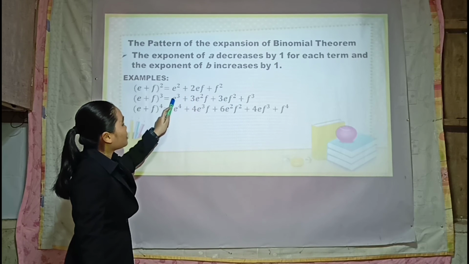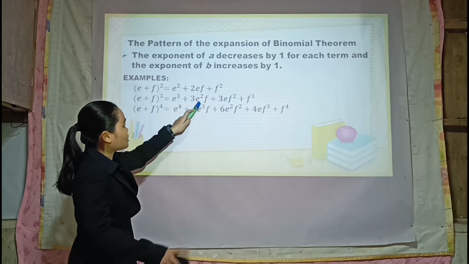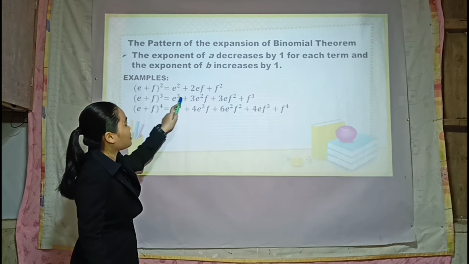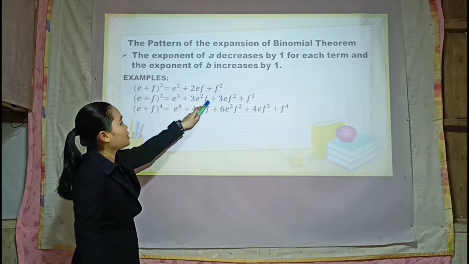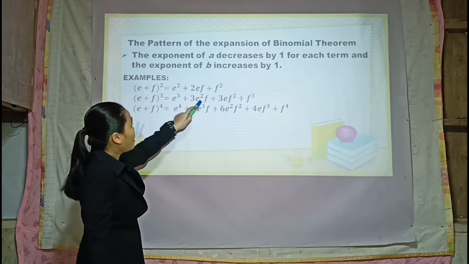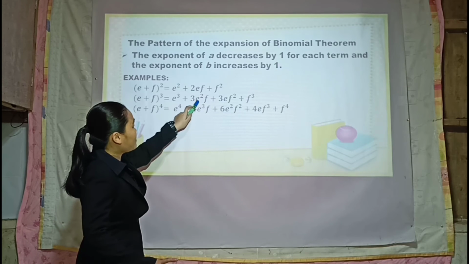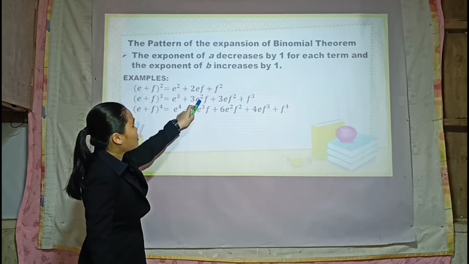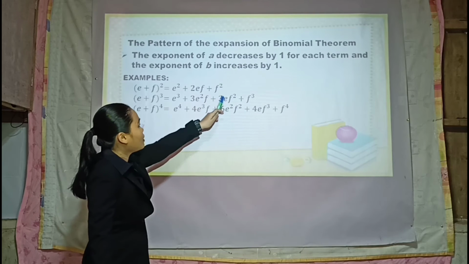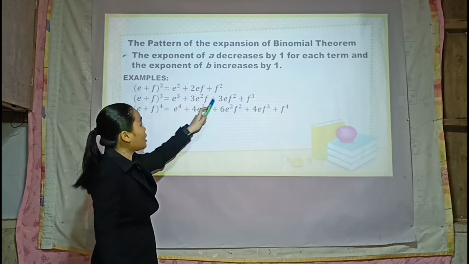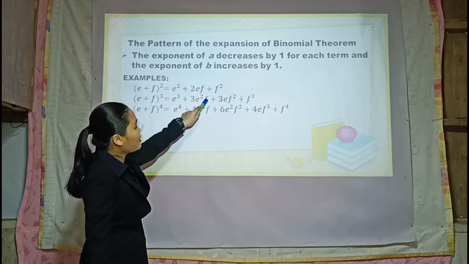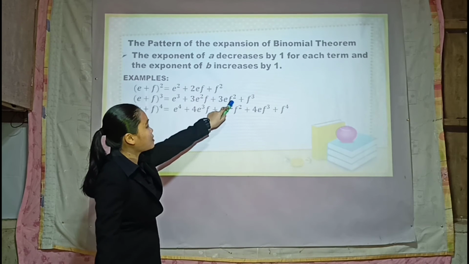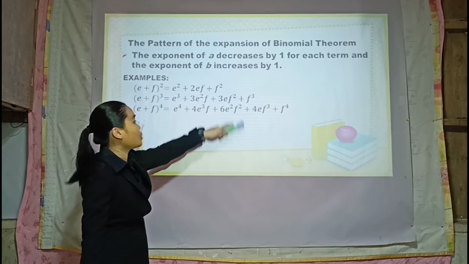So from 3, in the next term, it becomes 2, and from 0, the exponent in the next term becomes 1. And from the exponent E squared, in the next term, it becomes 1. And from 1, for the next term, it becomes 2, or F squared.